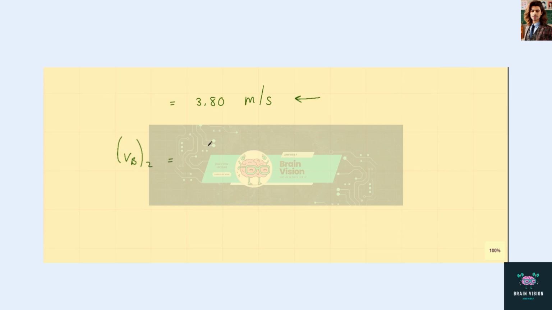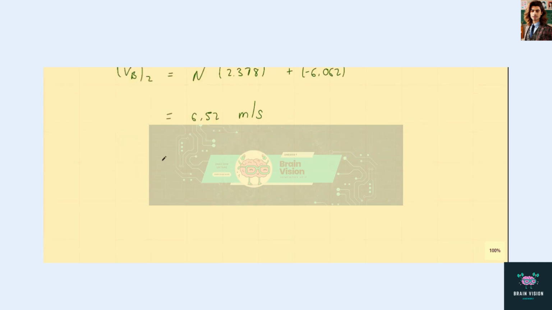VB2 is equal to, again, the square root of the sum of squares of its components. That's 2.378 squared plus minus 6.062 squared. And so VB has magnitude 6.52 meters per second. But we know that VA is to the left, but VB moves at an angle.